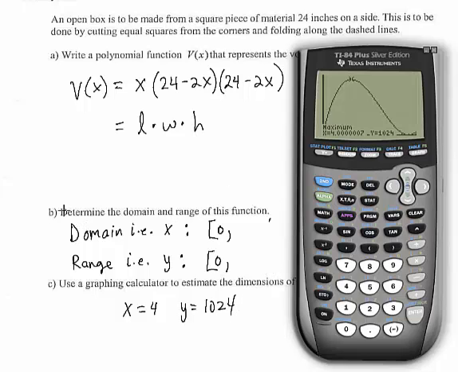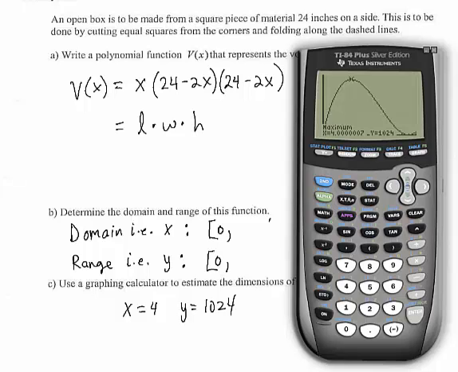So we still haven't finished the domain and range. We've already answered the limits of the domain, or the right limits. We said that we definitely want to cut out some square on the corners, so we can't say that x is 0. We don't want a 0 volume.